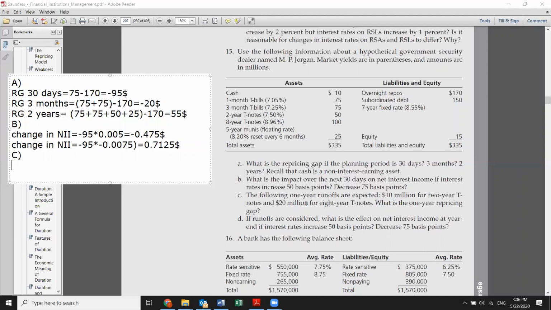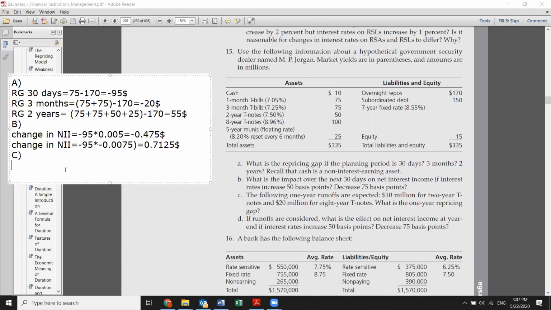Don't pay attention to the years of the T notes, one is the 2-year T note, the other is the 8-year T note. These will run off in 1 year, so we need to take them into consideration as 1 year. So what is the 1 year repricing gap then?